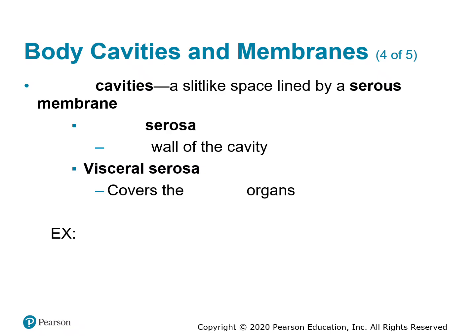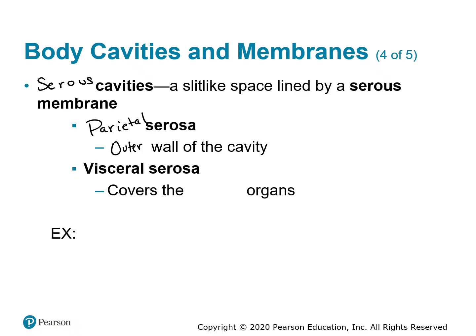So we also have these things called serous cavities. These serous cavities are generally a double membrane structure that help protect and keep lubricated whatever organs are sitting below it. Okay? So on the outside, we have parietal serosa, and that is the outer wall of the cavity. And then the visceral serosa covers those internal organs.